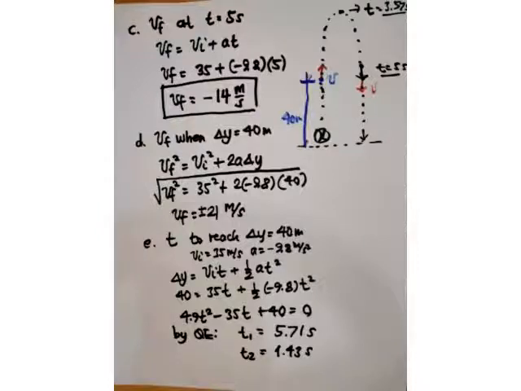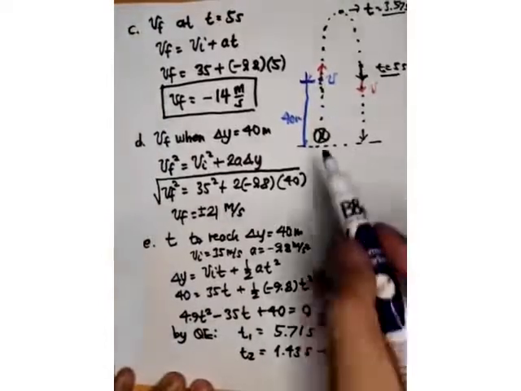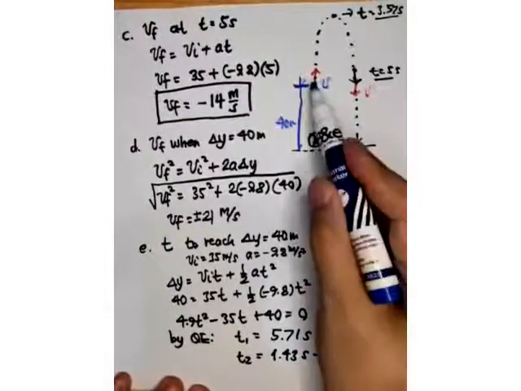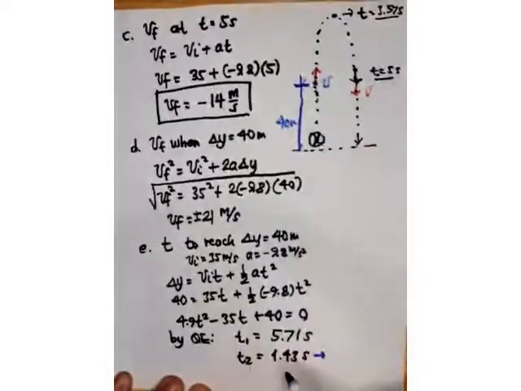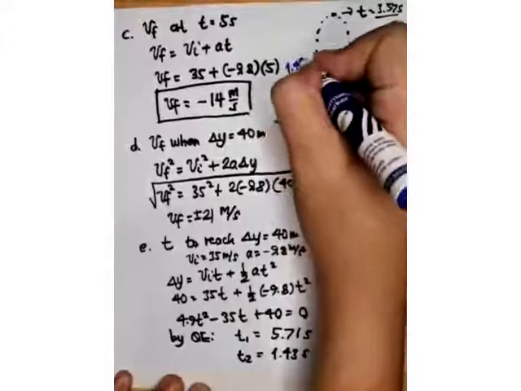Okay, since wala namang nag-negative dito, actually, we can consider both again. Ano ba yung ibig sabihin nun? Kasi, di ba? Yung unang time, ito, okay, class, so babalik ako dito. Mula dito sa initial point, going to 40 meters, yung first, yun yung 1.43 seconds.